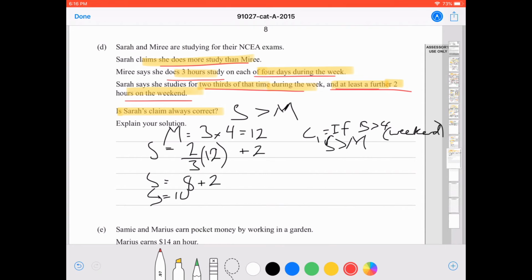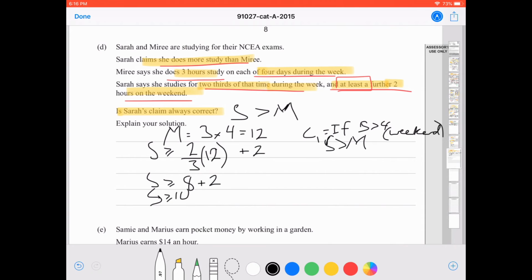And so the marking schedule actually mentions S doesn't necessarily equal 10. S is always greater than or equal to 10, not less than 10, because the 2/3 of 12 is constant, and if it's at least a further 2 hours, that means 2 hours or more.